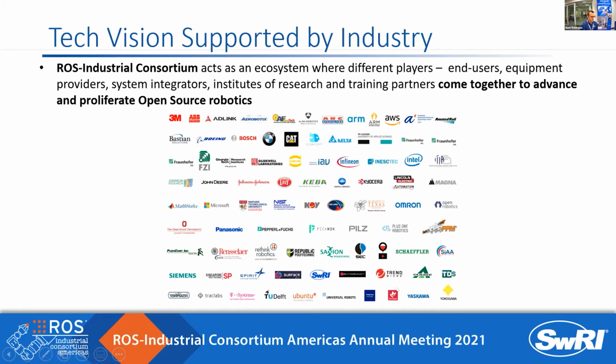Just to pick on a couple of folks, Lincoln Electric Automation, for instance, is trying to deploy novel solutions to end users, so their interests and needs might be different than, say, 3M, whereas a CAT may need the solutions, not necessarily deploy them themselves. So all of them have different interests and different domains. NOV is in the oil and gas business, so their end use cases are drastically different than, say, BMW.